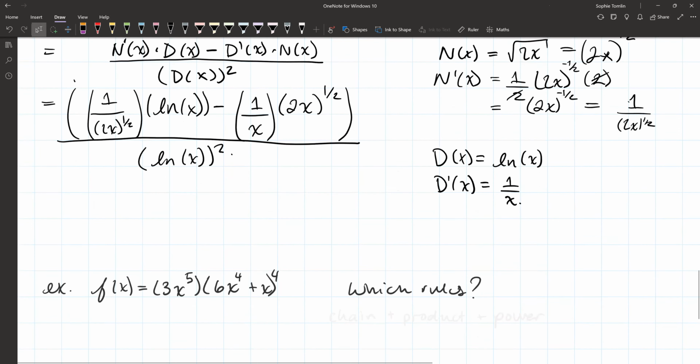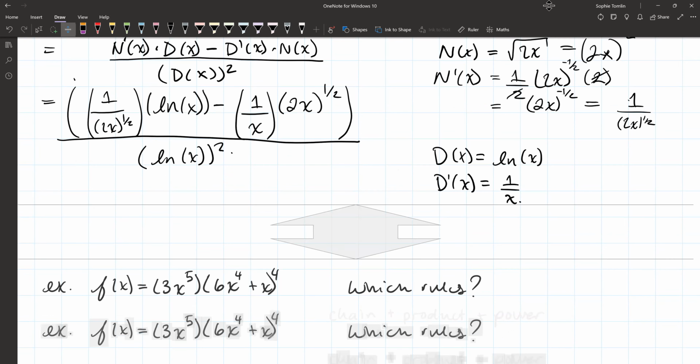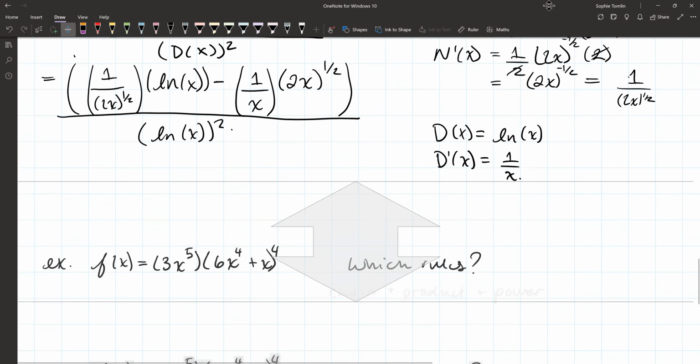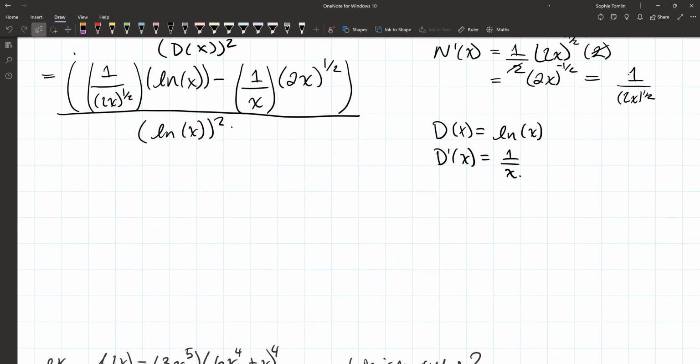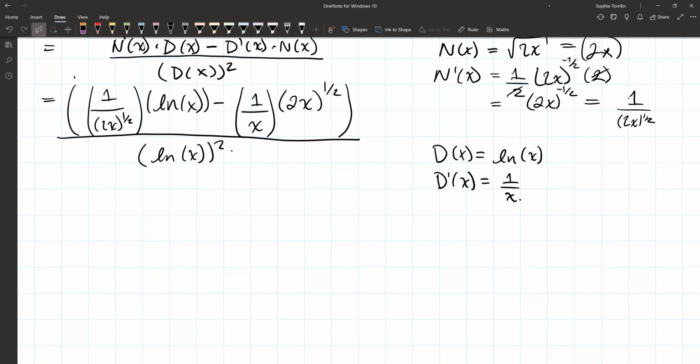Now I'm going to give us some more space. Let's try that. Since we've got some quotients in the numerator and we also have a denominator, it might be a little bit easier to think of it as multiplying two fractions.